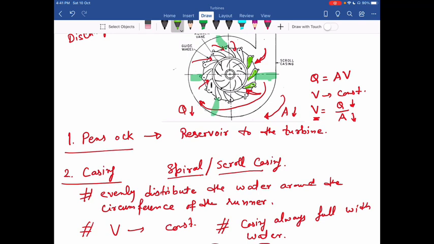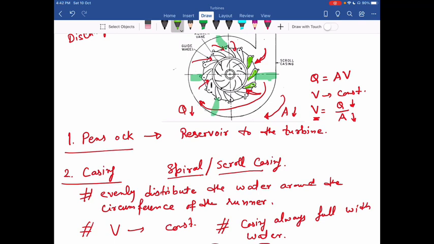And in one direction, the opening is on the increasing side. So that opening changes from minimum to maximum when we rotate it either clockwise or anti-clockwise. So further, this controlling or movement of the guide blades is done in the guide mechanism, so that we discuss separately.